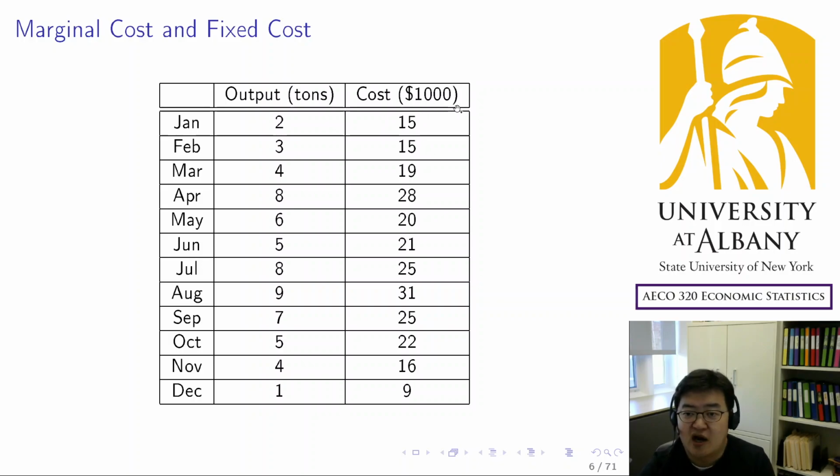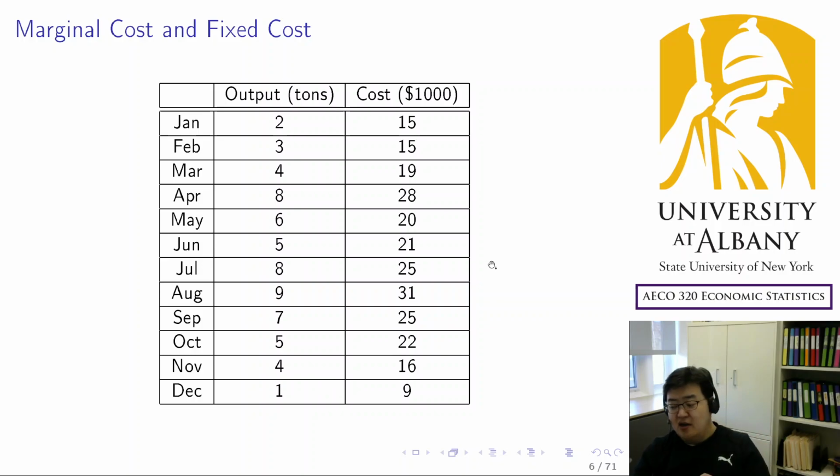You can put $1,000, $1,000,000, whatever. And in February, to produce 3 units, you had to pay $15. I'll just call it $15. And in March, 4 and 19. And in December, you produced only 1 unit, but there were $9 paid.